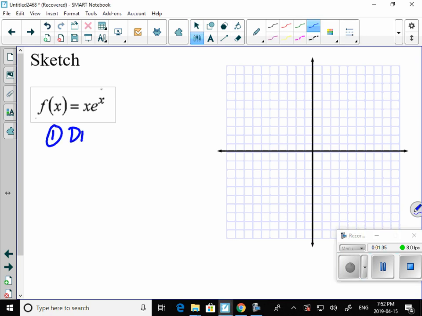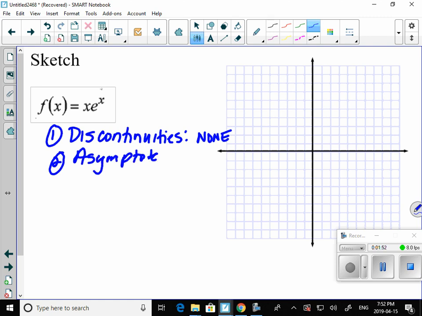So for discontinuities, there aren't any. It is a good idea to just make mention of the fact that you thought about it. And so we continue to step 2, which is where we're looking for asymptotes. We know that there are no vertical asymptotes.